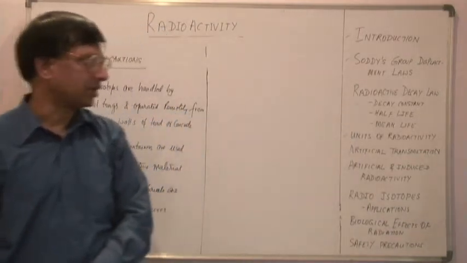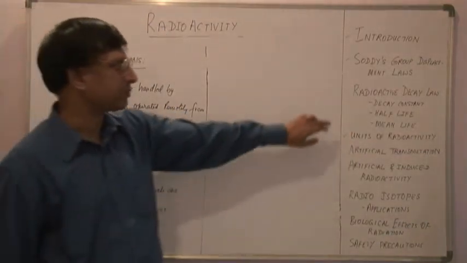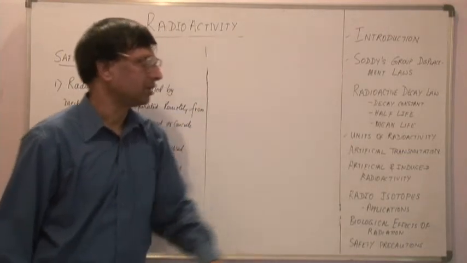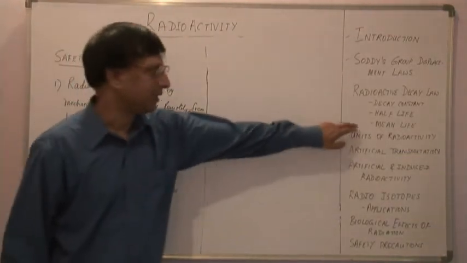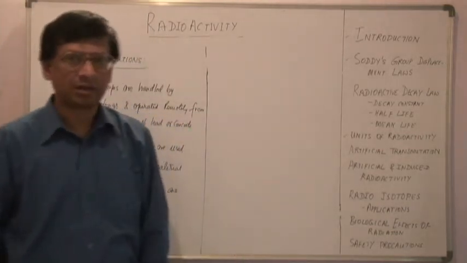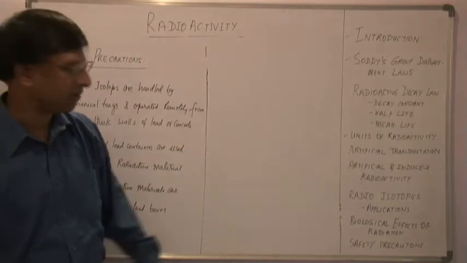Then we talked about radioactive decay. We derived an expression for radioactive decay. Then we looked at decay constant, half-life, and mean life. And then we looked at the units of radioactivity, which is the becquerel, abbreviated Bq.